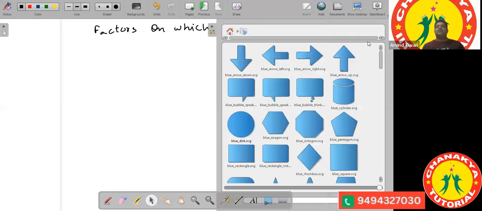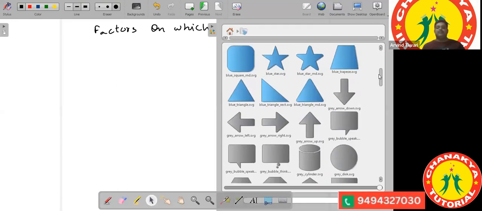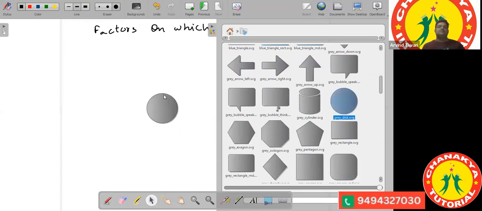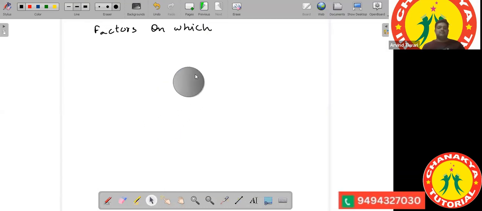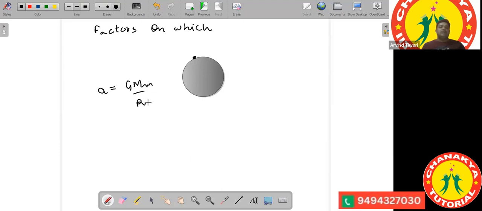On the moon, what will happen to the acceleration due to gravity? What would be the formula? So if I want to find out the acceleration on the moon, it will be equal to the same formula, GM over r squared, but now M will be the mass of moon and r will be the radius of moon.